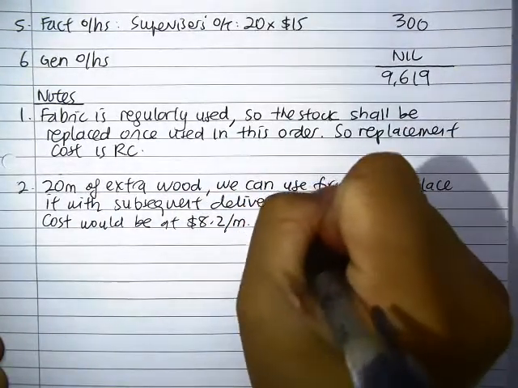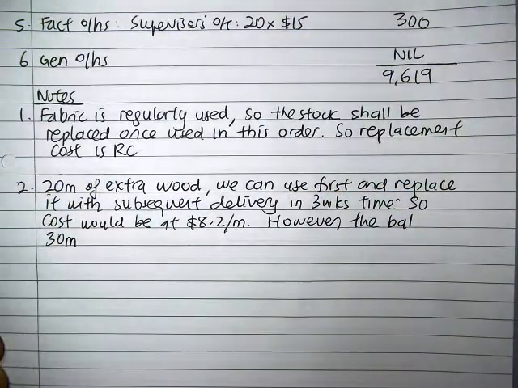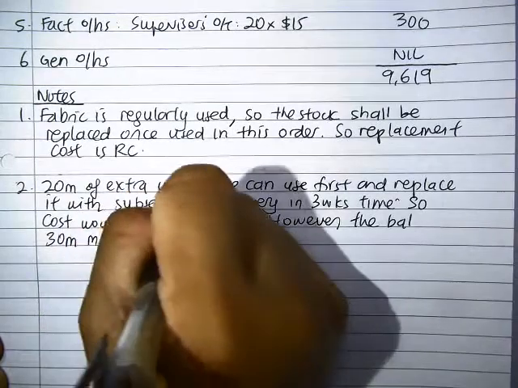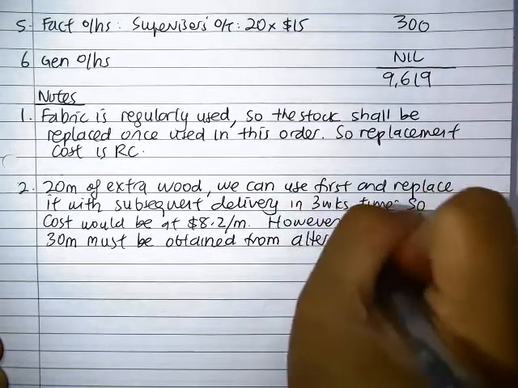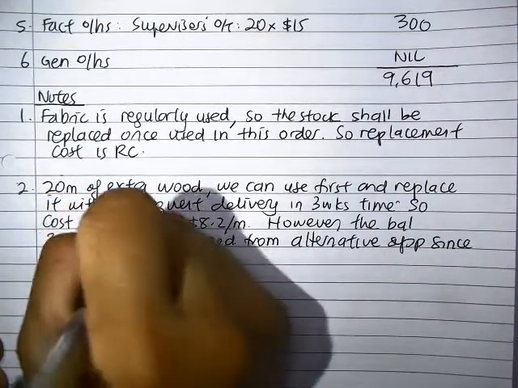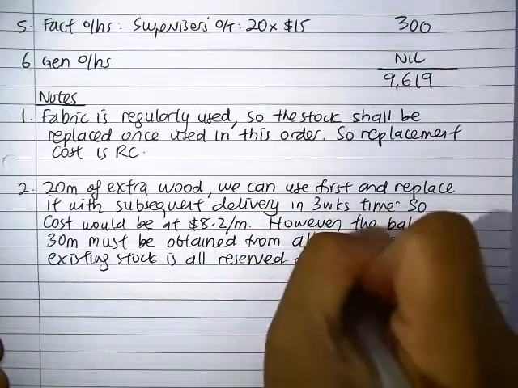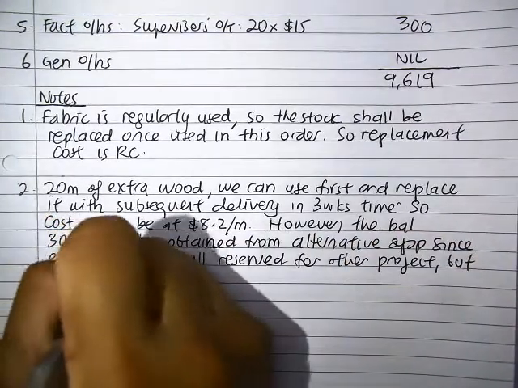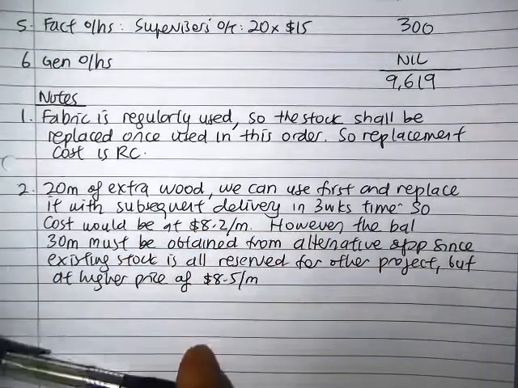Now, however, the balance of 30 meters must be obtained from the alternative supplier, since existing stock is all reserved for other projects, but at a higher price of 8.5 per meter.